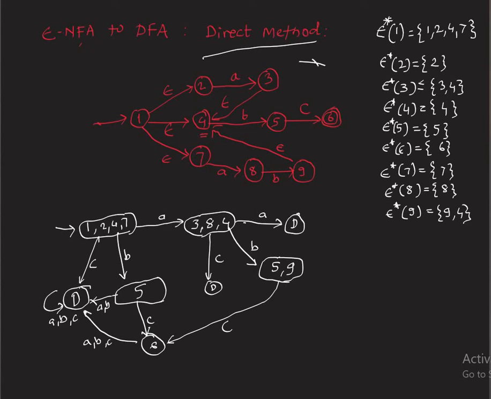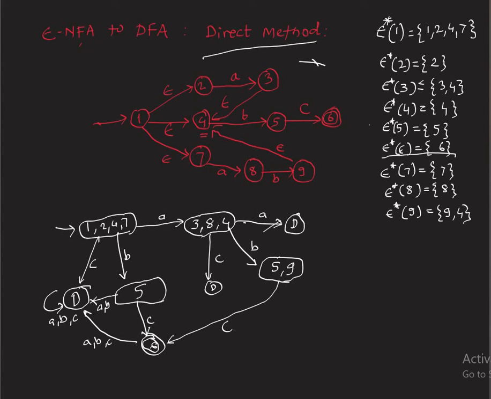Now the question is, what is the final state here? Since 6 is the final state in the original transition graph and 6 is not included in any of the epsilon closures, only here it is.